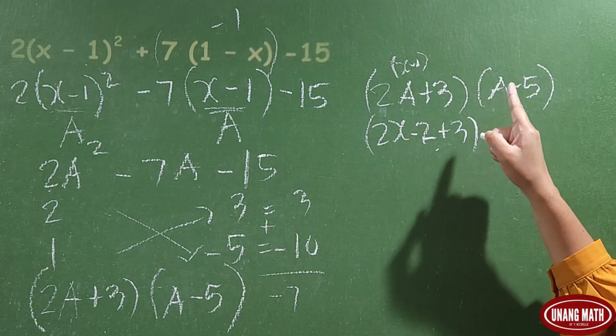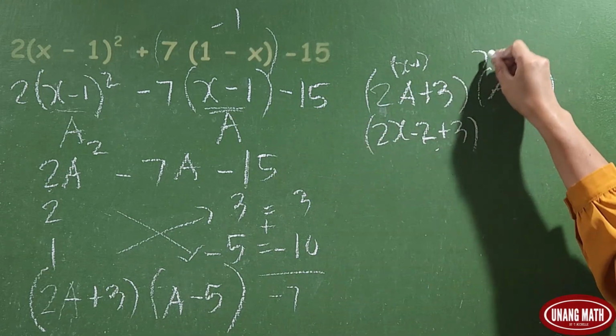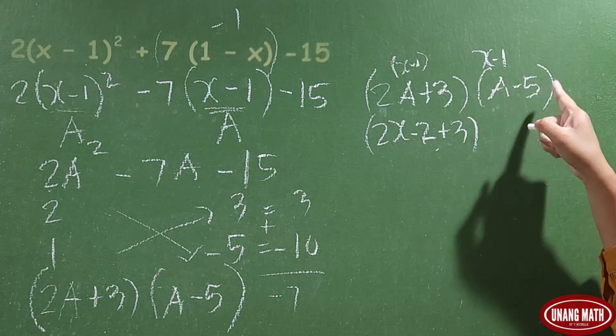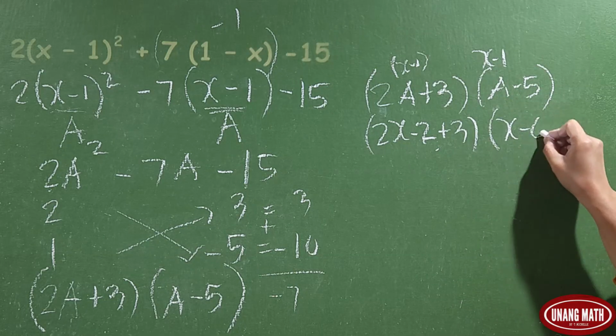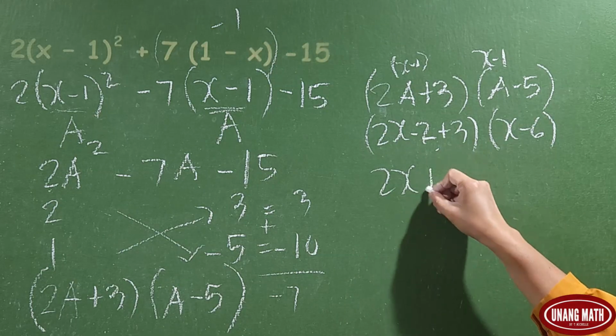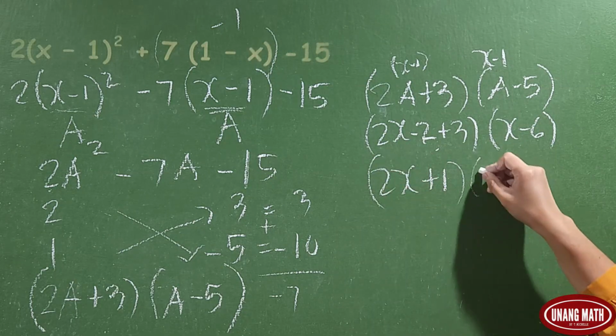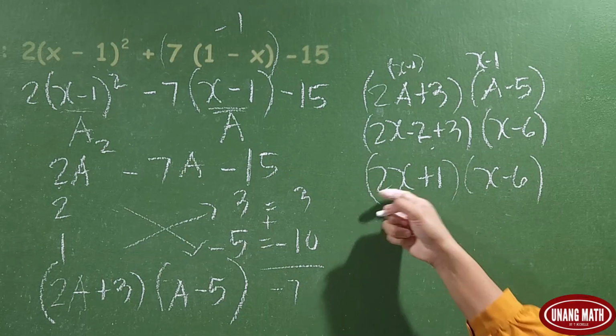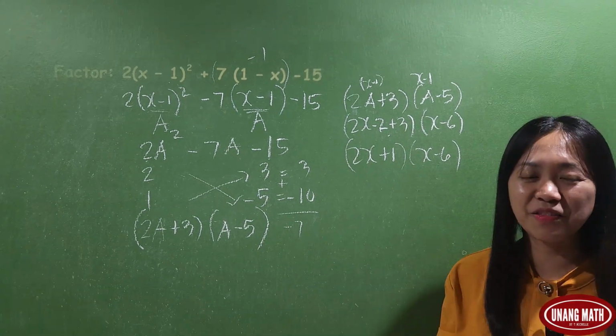What about here? a is x minus 1. So x minus 1 minus 5, that would be x minus 6. So this is then 2x plus 1, and this is x minus 6. So we have 2x plus 1 times x minus 6.